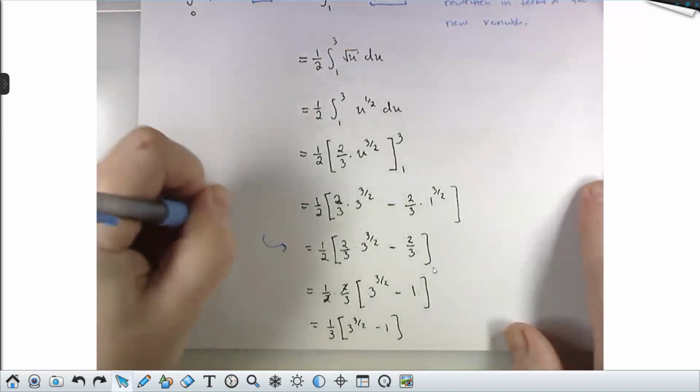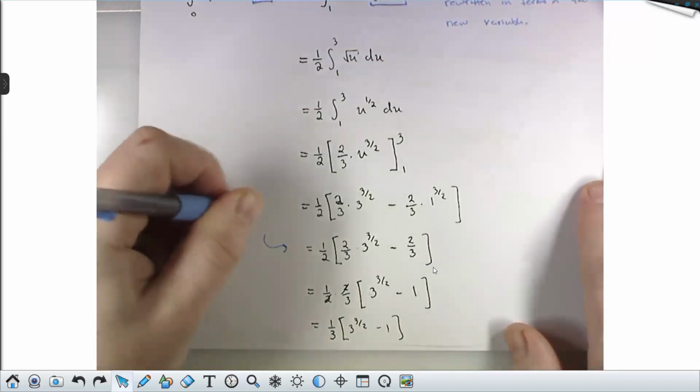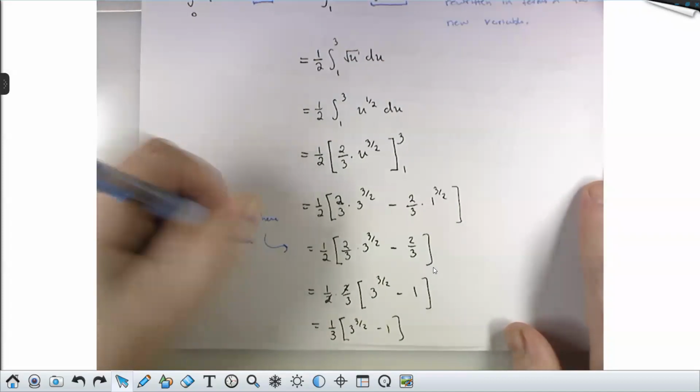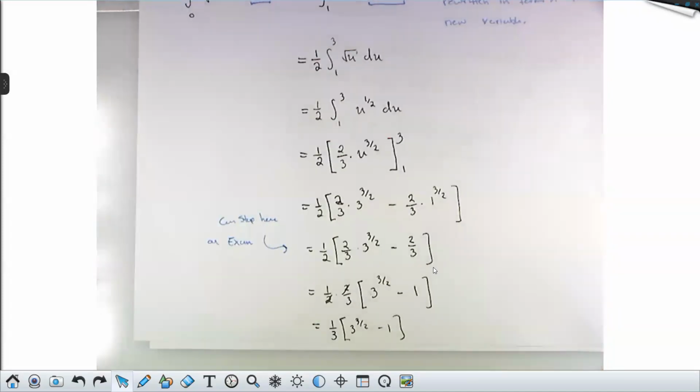You can stop here on an exam. I would want to see that you know that 1 to the 3/2 is 1. And if this could be simplified, I would want to see that simplified also. So this line would be the appropriate place to stop on the test if you're trying to conserve time.